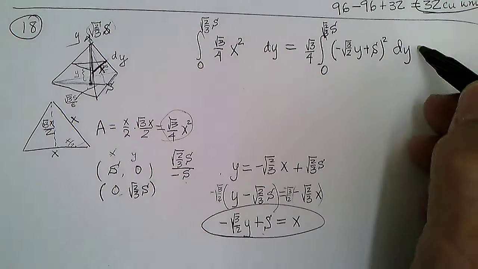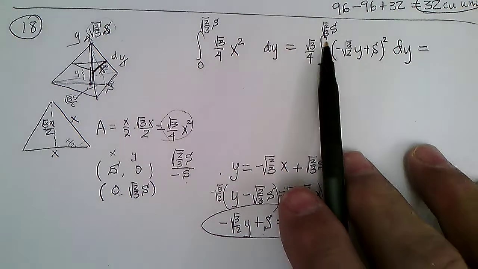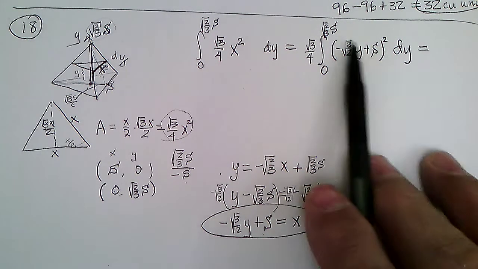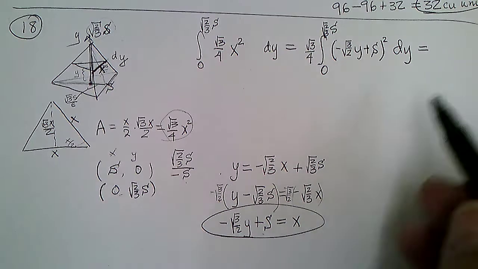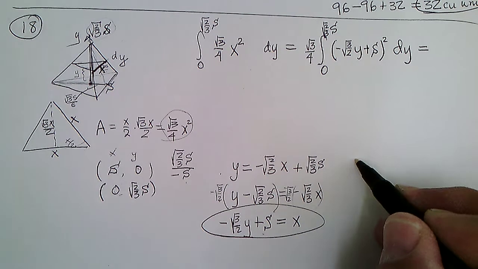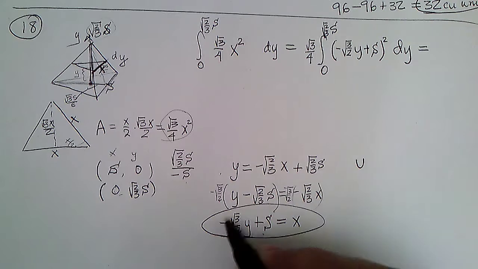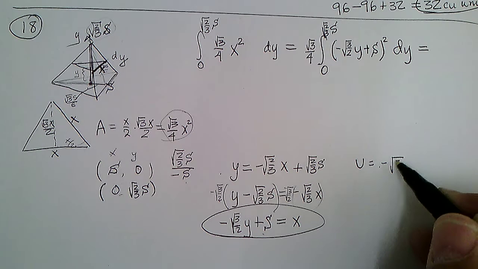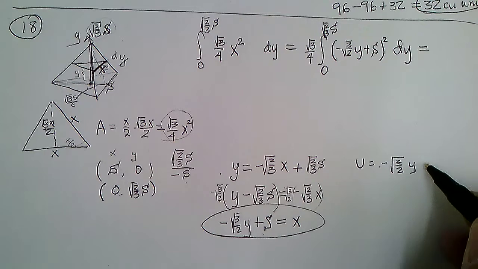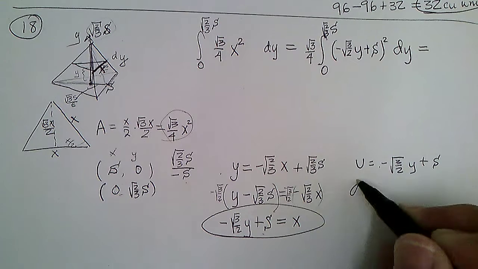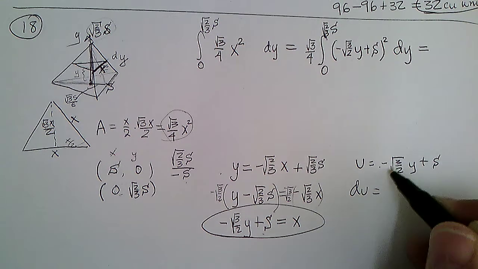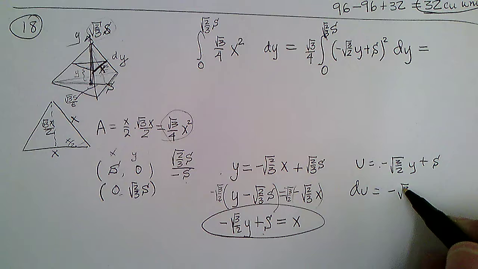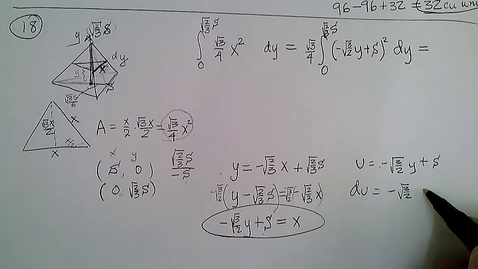Now, I want to integrate this, so I'm going to do a U-substitution. So I'm going to come down here and say, I'm going to let U equal all this mess, which is going to be negative square root of 3 over 2y plus s. du is going to equal just negative square root of 3 over 2 dy.